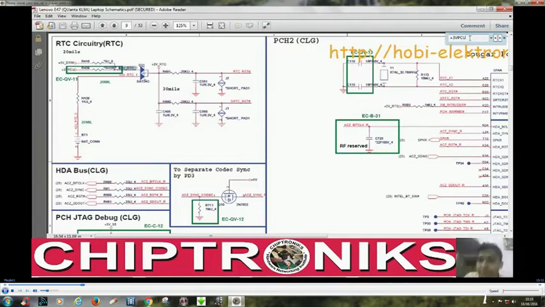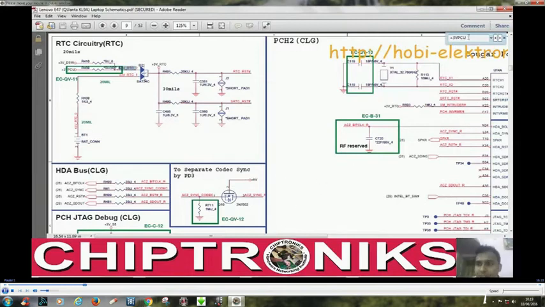Earlier, in HM55 boards you had a clock generator and its input was CK power good. That signal tells the clock generator that all the voltages are okay in the motherboard, so now you have to generate the clock. But here in the PCH, what tells the PCH that all voltages are okay, we'll see in the power sequence.